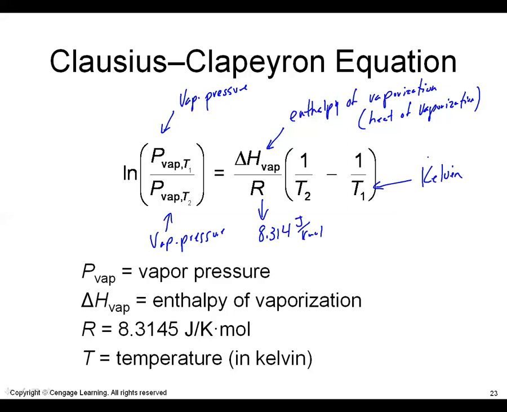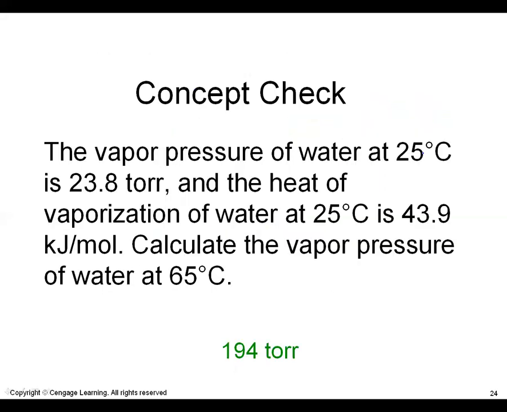So let's take a look at a problem where we might use this. Here, the vapor pressure of water at 25 degrees Celsius is 23.8 torr, and the heat of vaporization is 43.9 kilojoules at 25 degrees Celsius. Calculate the vapor pressure of water at 65.